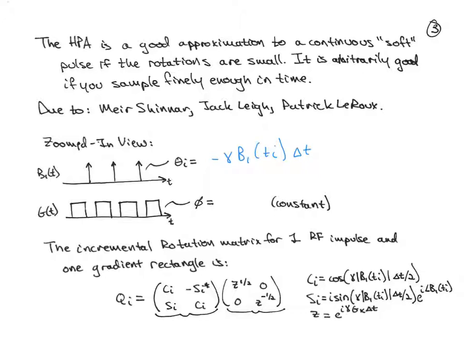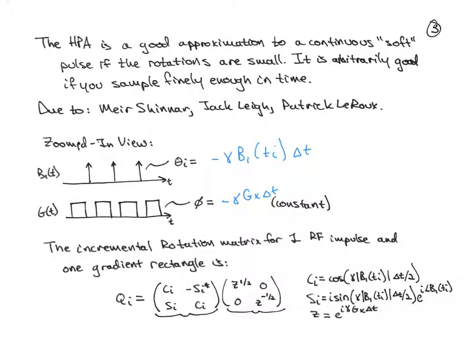And then the gradient rotations are also the same between each period, and that phase is minus gamma g x delta t. Sorry, I misstated this earlier. The gradient terms are all constant, while the RF terms are changing in time. Okay? So the incremental rotation matrix for one RF impulse and one gradient rectangle is this cascaded set of rotations.